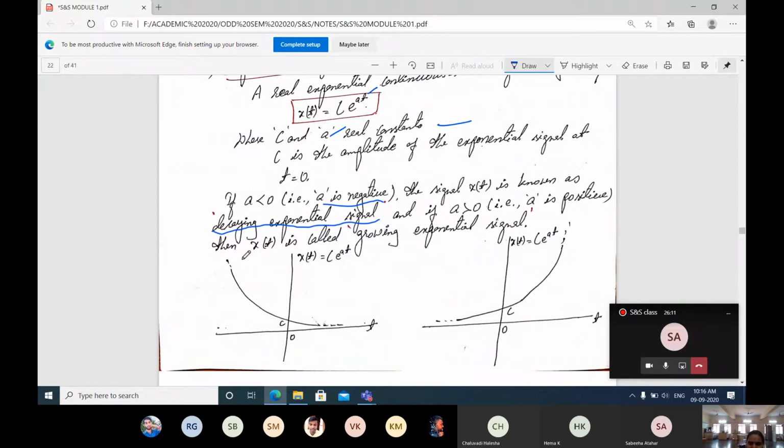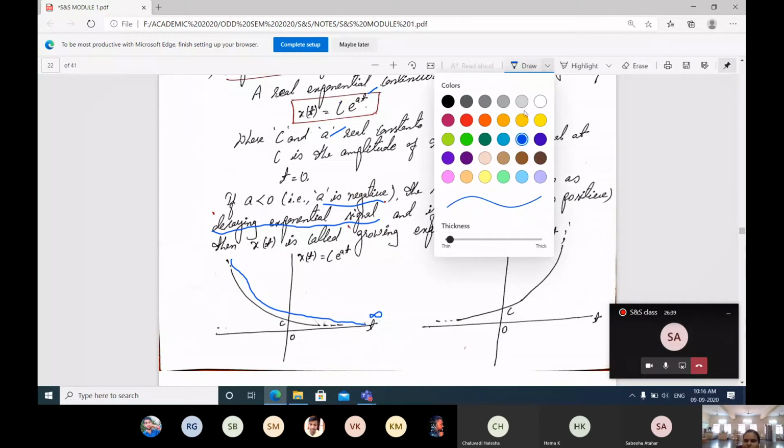Observe here, it is decreasing exponentially and it reaches 0 at infinite time. It goes on decreasing. That is when a has negative values, like a is minus 1, minus 2, minus 3, and so on.